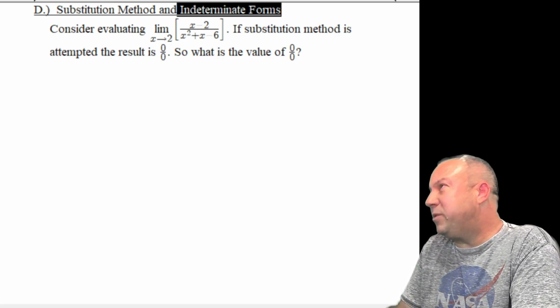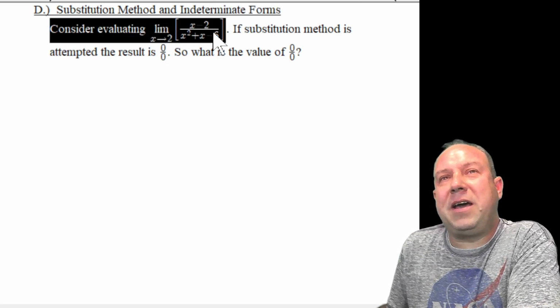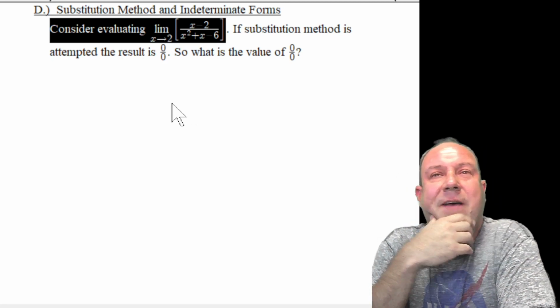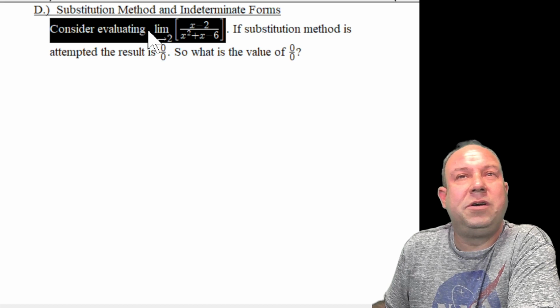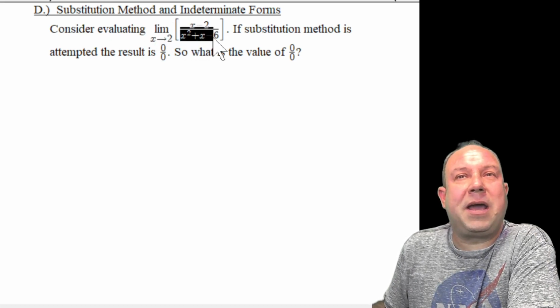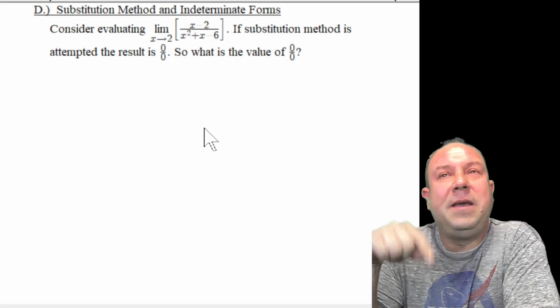If we look at this specific example, I always talk about considering evaluating a rational function like this. The limit as x approaches 2 of x minus 2 divided by x squared plus x minus 6, right?